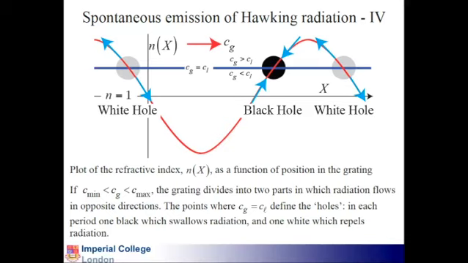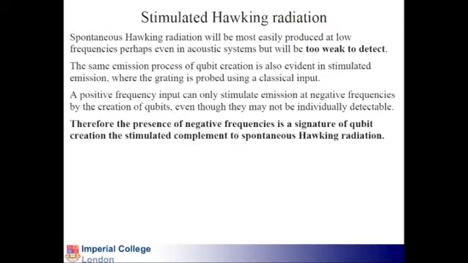So if you can make a grating moving like this, then you will see radiation from it. And the amount of radiation is not trivial. But the difficulty is making a system like that. But we have a solution.